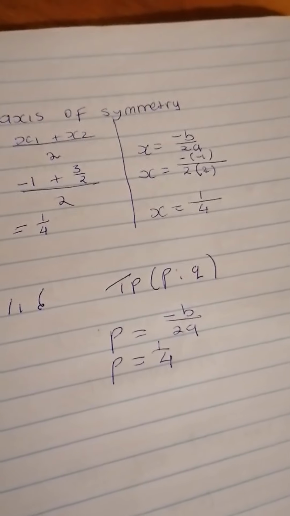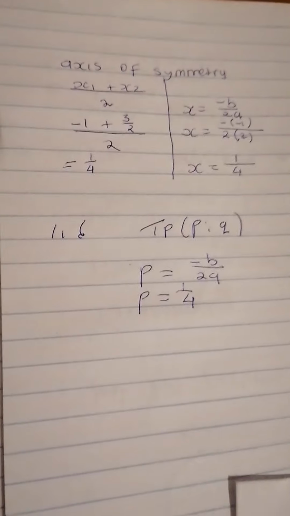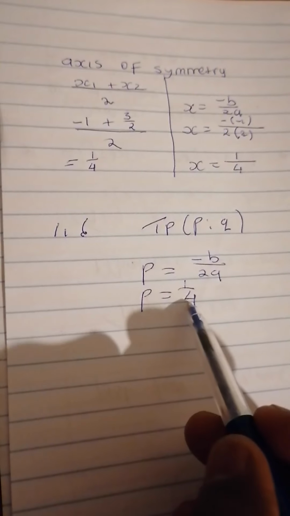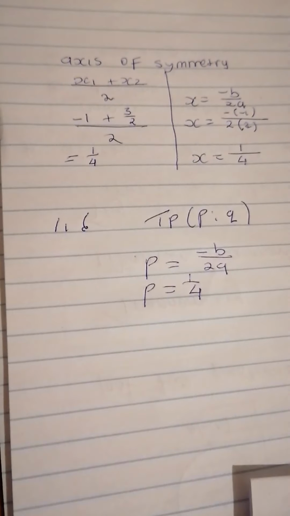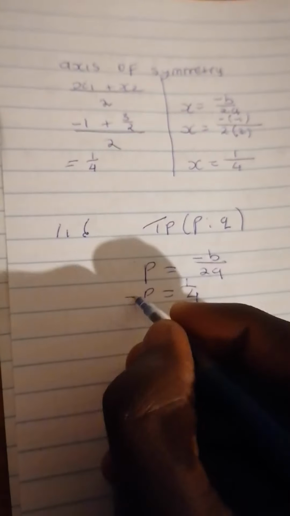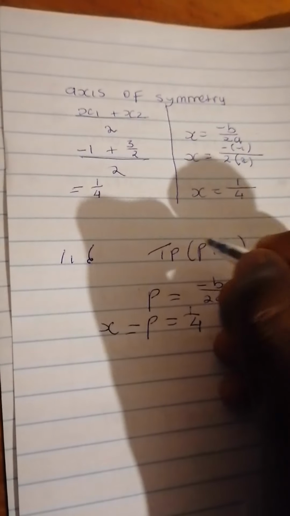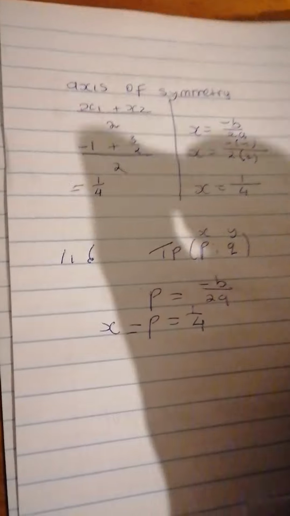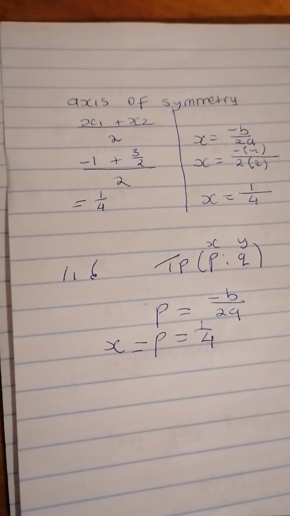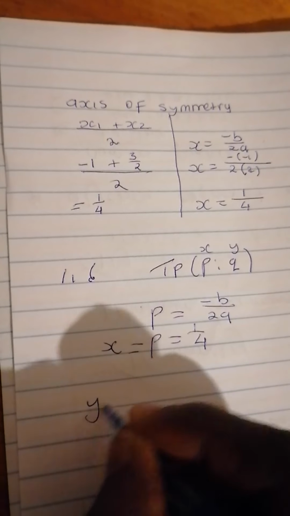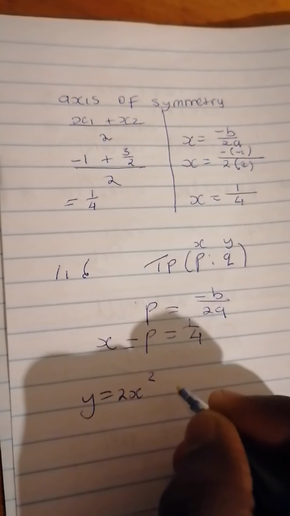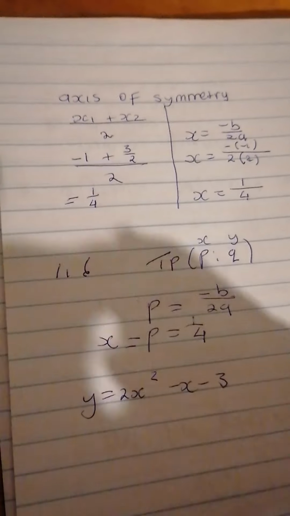From here, p represents x, the turning point's x, and q represents y. So we use the formula y equals 2x squared minus x minus 3.